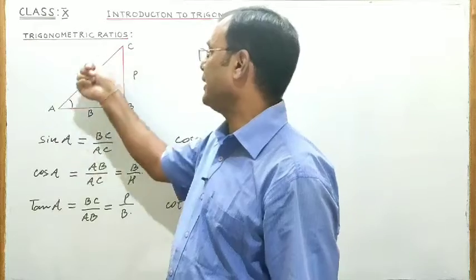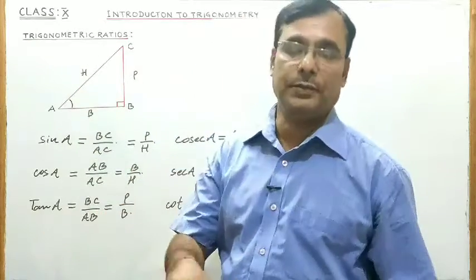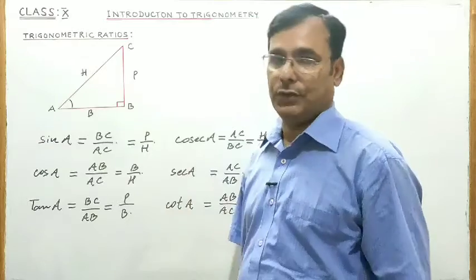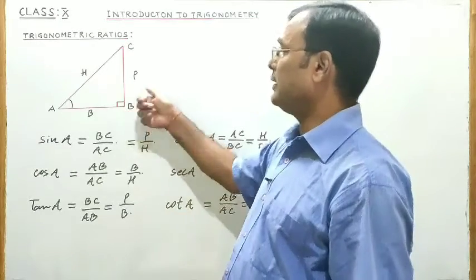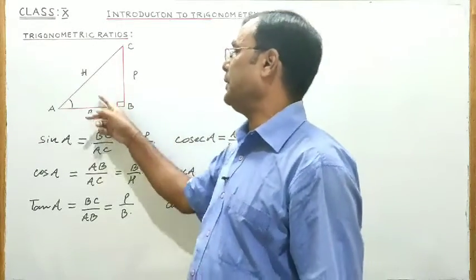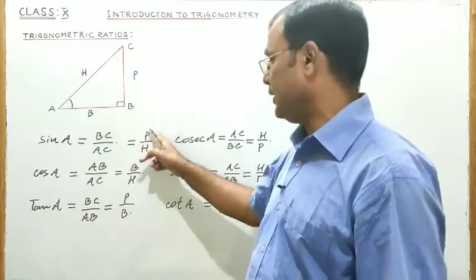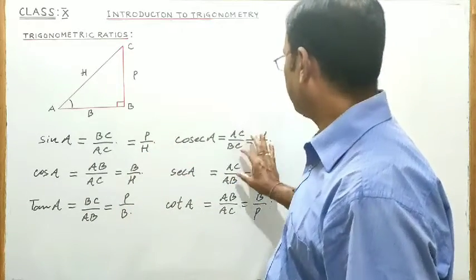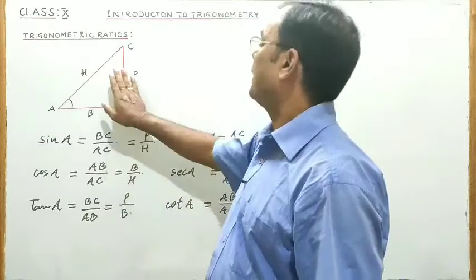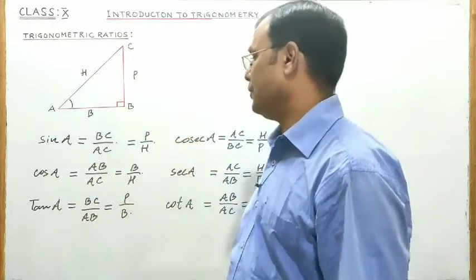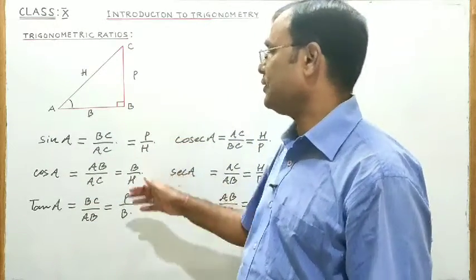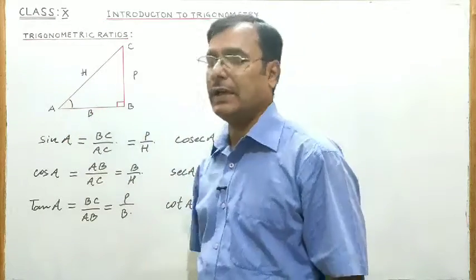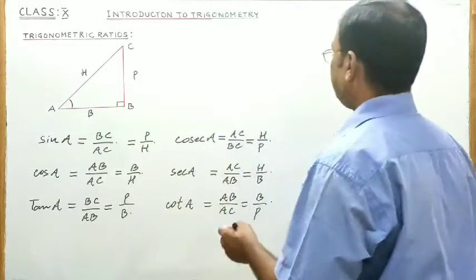So you can understand in terms of base, perpendicular and hypotenuse also. That's why it is written along with the names of the sides. So these are the 6 ratios defined for an acute angle in a right angle triangle.